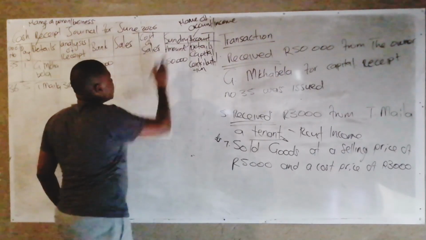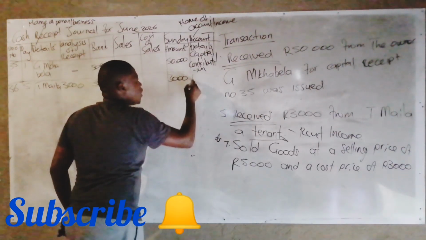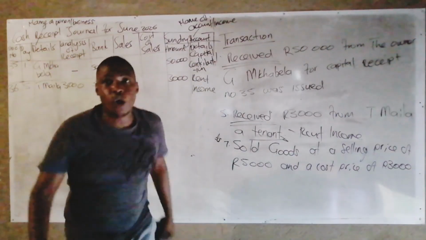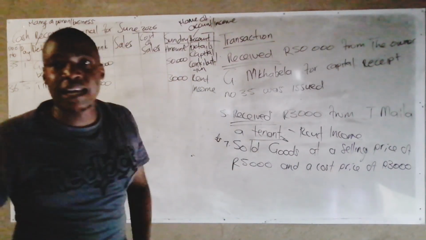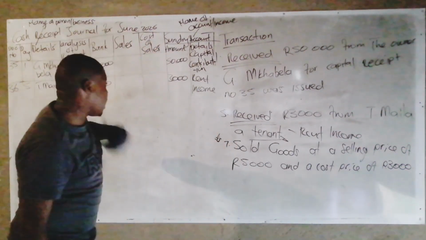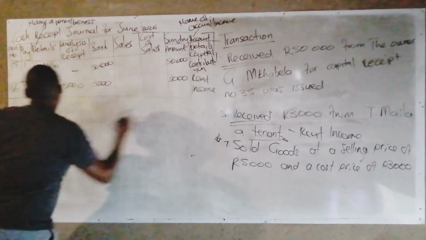And then, because there is no column, it will be entered in the sundry account, and then it will be rent income. Avoid writing rent only. It is rent income, or rent expense if it was paid by the business. So don't forget, always remember that it should be rent income.